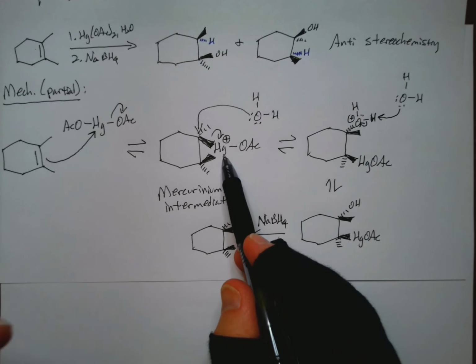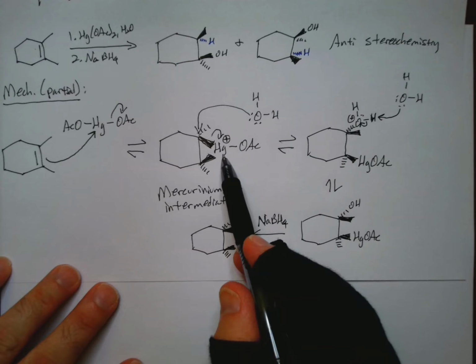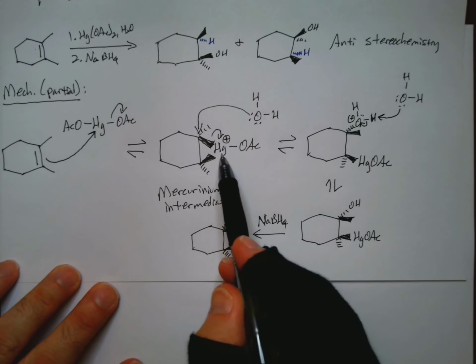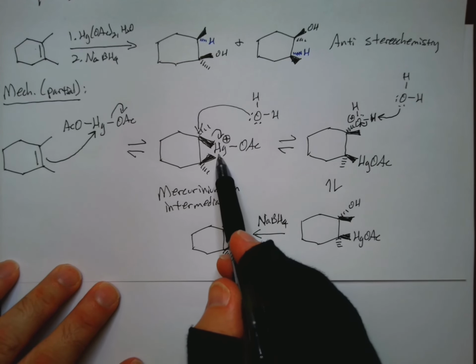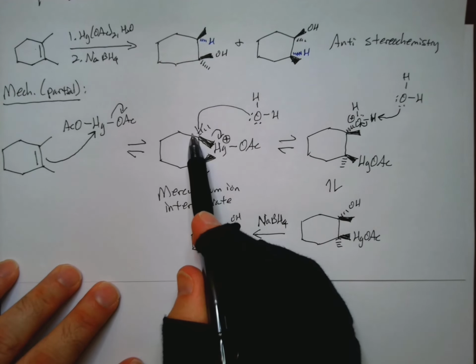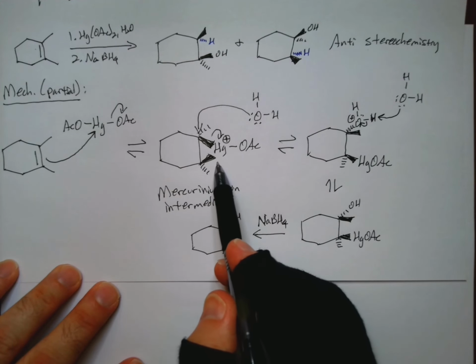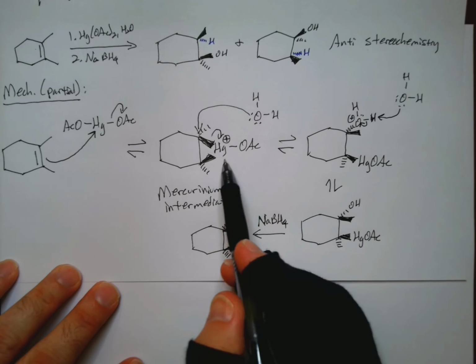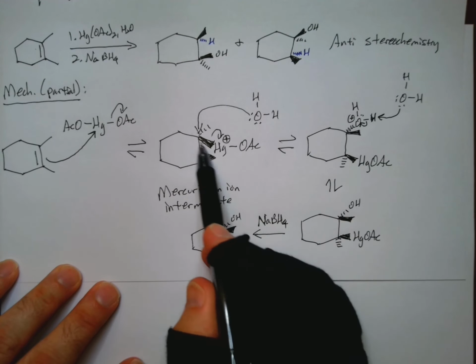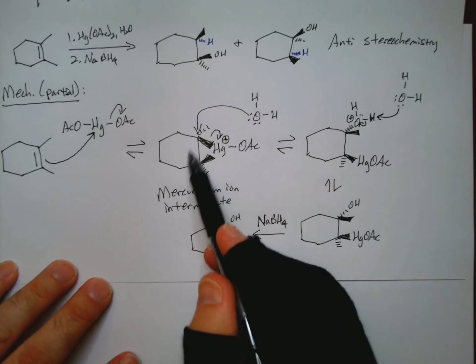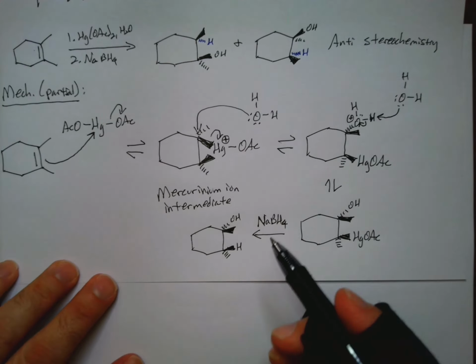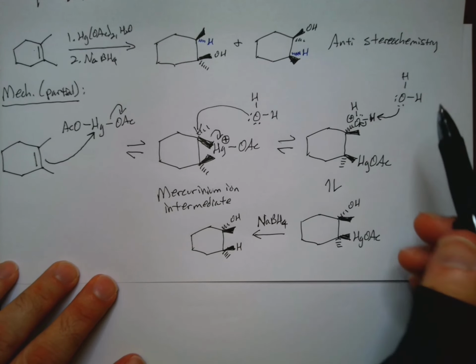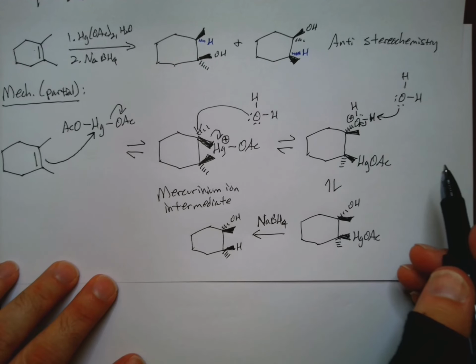Okay, so this shows the anti-addition because, well, this is a three-membered ring intermediate. And in this intermediate, it's like the bromonium ion. And so whatever we're adding, this ring pops open and is anti to, on the opposite side of the plane of what was the double bond, but in this case, the ring. So we get an anti-stereochemistry.